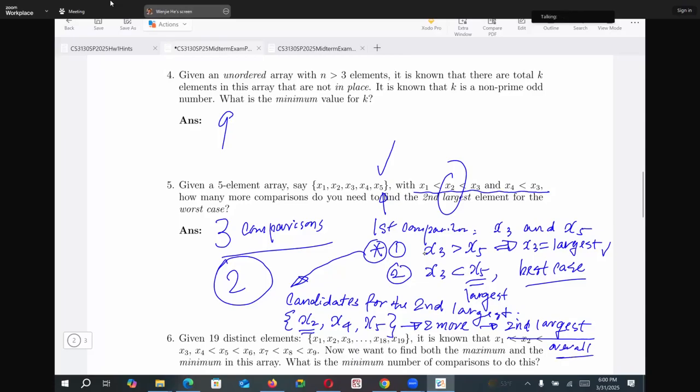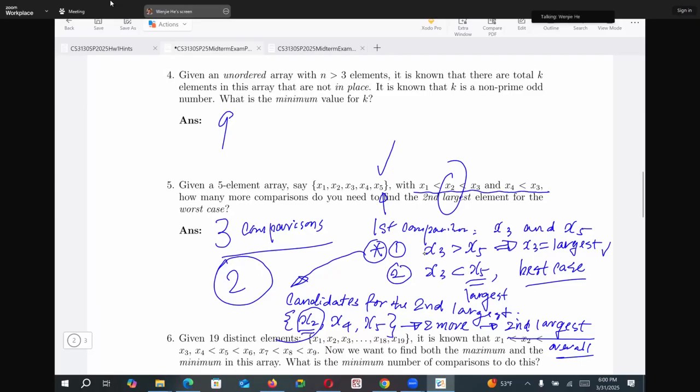So the common mistake is that they skip x2. That's why those students give me two comparisons. That's the biggest common mistake. All right, that's this question.